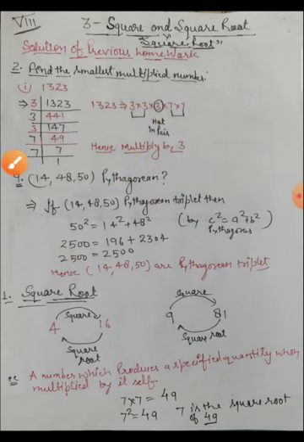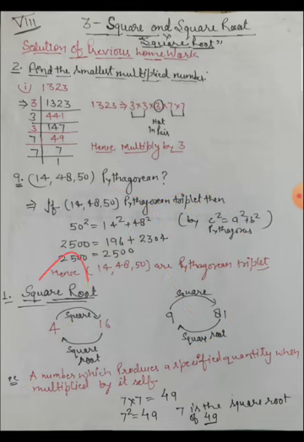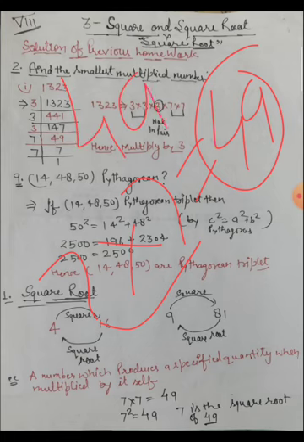Then what is the definition? A number which produces a specific quantity when multiplied by itself. When we multiply a number by itself, we get a specific number, and the number we multiplied is the root of that number. Here 7 multiplied by itself gives 49. So 7 is multiplied 2 times, and after multiplication we get 49.